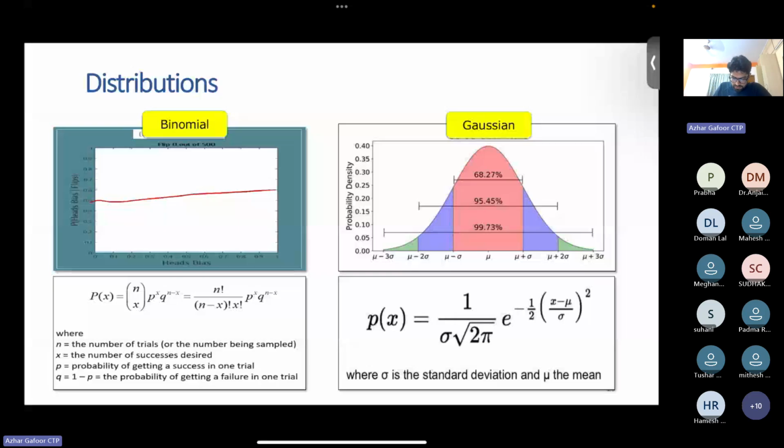Okay, so it will be something like this, right? If the head bias is high, if we manipulate the coin to always give head, the probability of getting heads will be 1. Then if the coin is a fair coin, the probability of head will be 0.5.